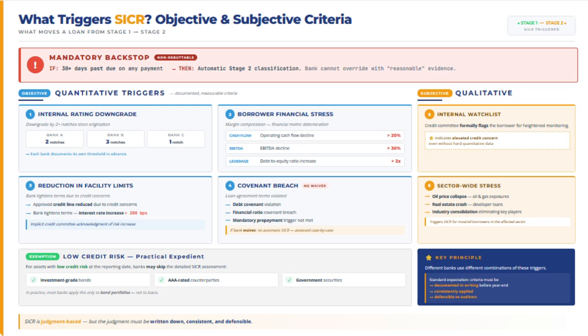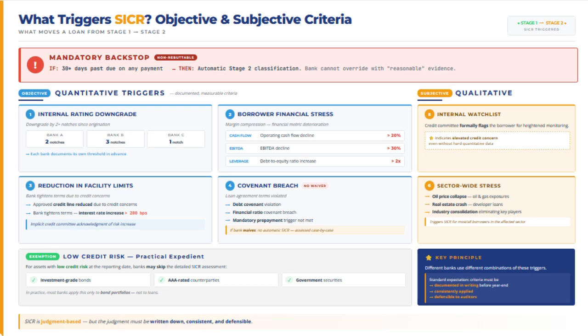Internal rating downgrade. If a borrower's credit rating drops by 2 notches or more since origination, SICR is triggered. Bank A, let's say, uses 2 notches, Bank C uses 3 notches, and each bank sets their own threshold.